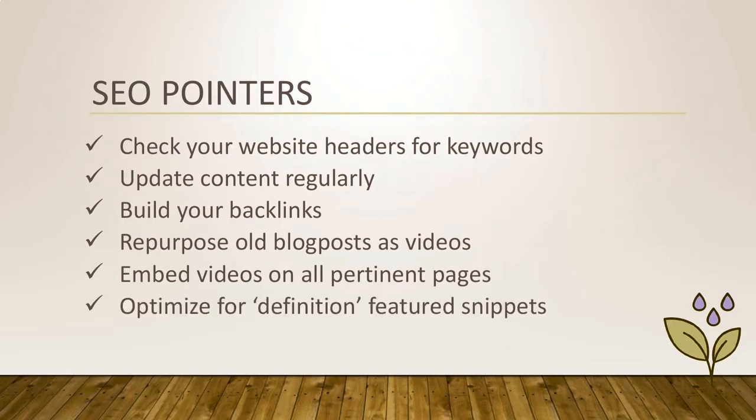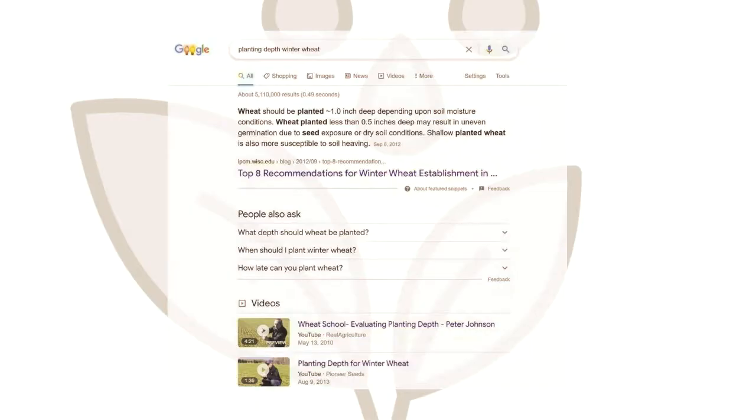Also optimize for definition featured snippets. When you Google something now and it comes up with a little suggested definition, I'll show you an example here. So I had put in planting depth winter wheat, and you can see what came up was a little definition here. And then you can see where the link is. Right here, I could go straight to that page.